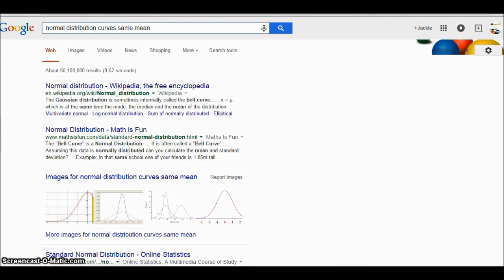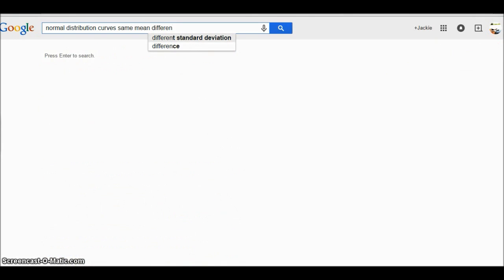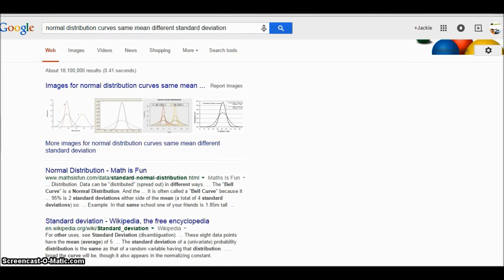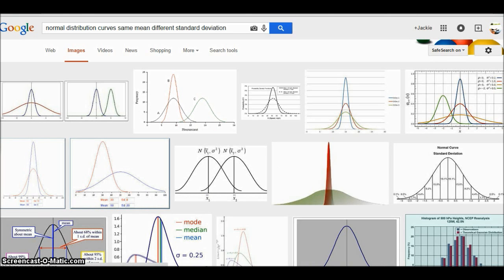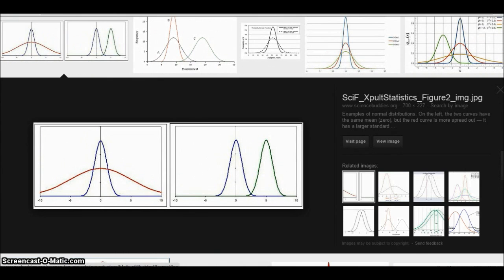But here we go, I want them to have the same mean, but I want them to have different standard deviations. But I get lucky, I find a picture that's going to work for both examples coming up, and I only have to copy and paste once.